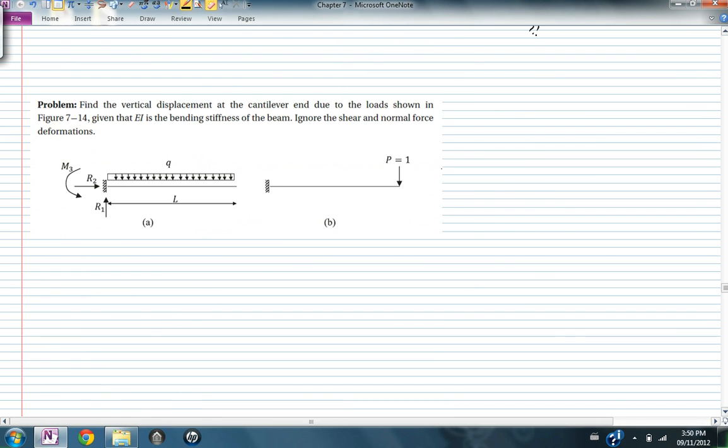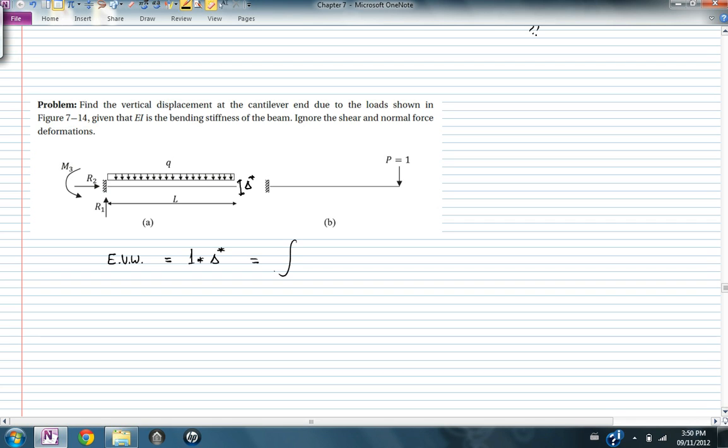Find the vertical displacement at the cantilever end due to the loads shown in the figure. So in order to apply the principle of virtual work, as you do it in 372, the external virtual work is equal to 1 multiplied by delta star, where this is delta star.